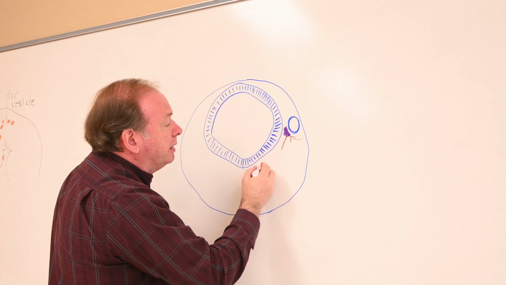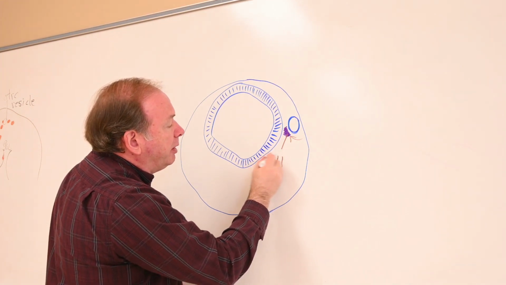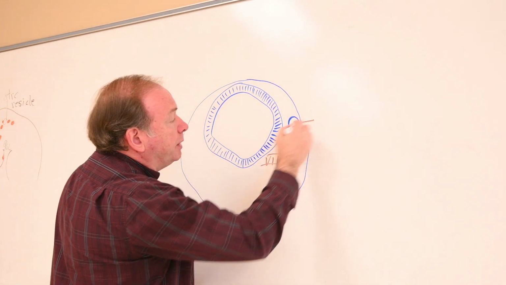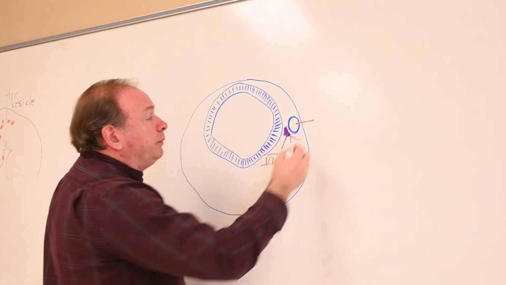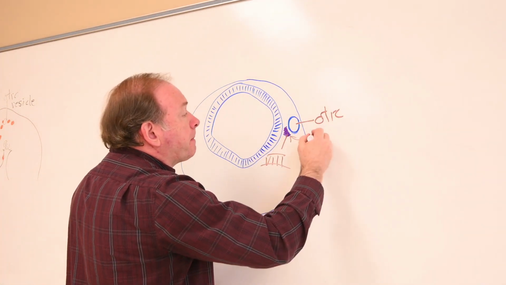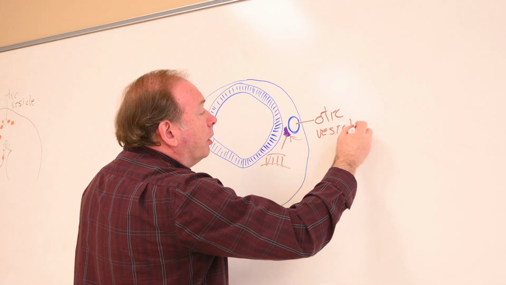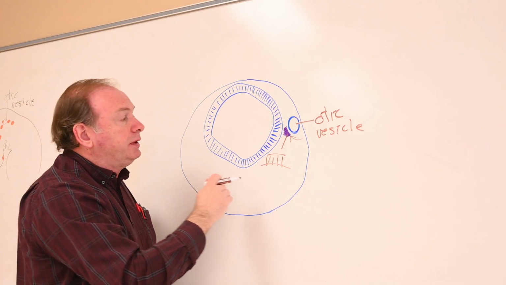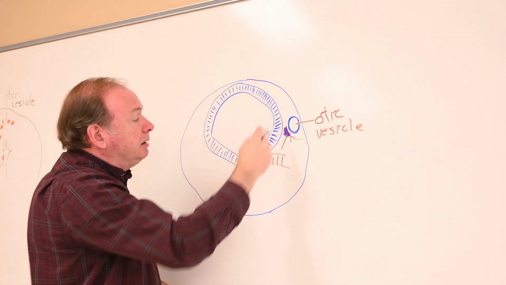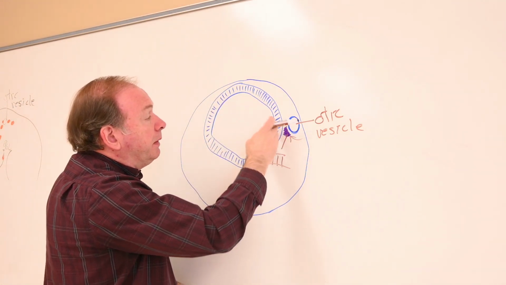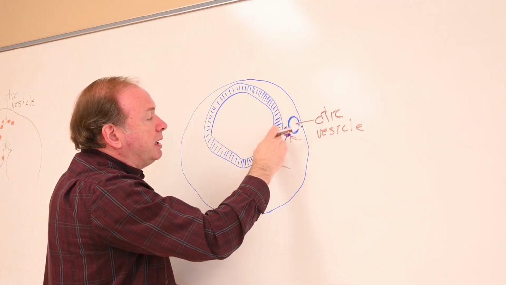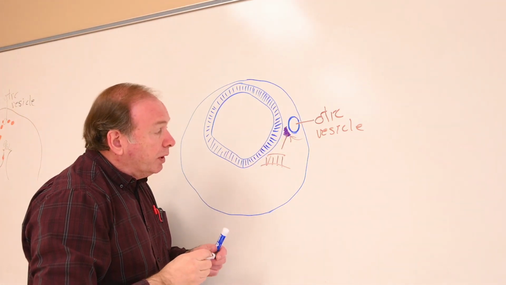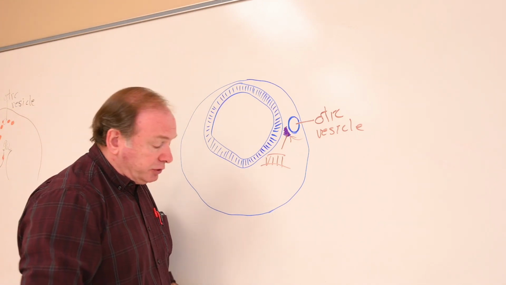So there's our vestibulocochlear nerve number 8 right there, and then this will be the otic vesicle. Both of those had their origins from the surface ectoderm and moved in underneath here. And of course this is the brain right here. So between the brain and the outer ectoderm we have the ganglion. For the ear we have the otic vesicle that will form most of the inner ear structure.